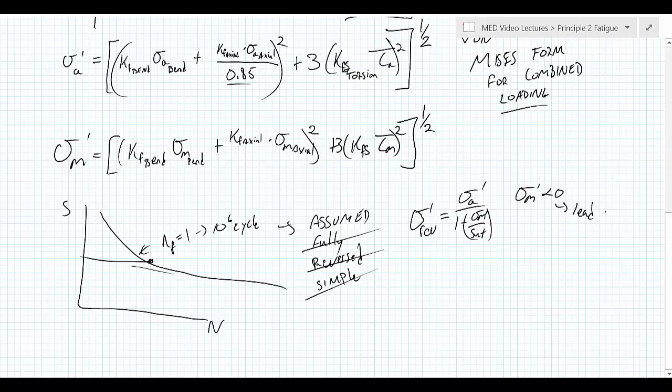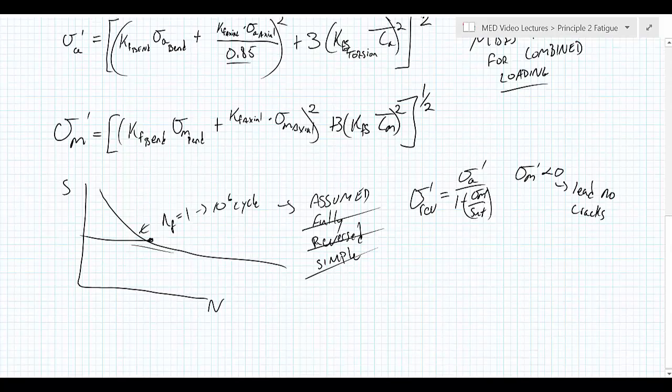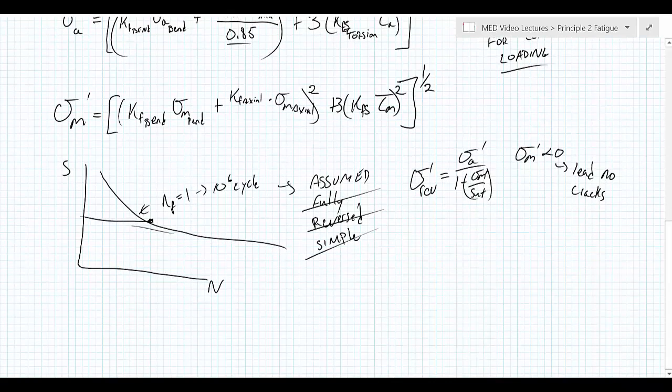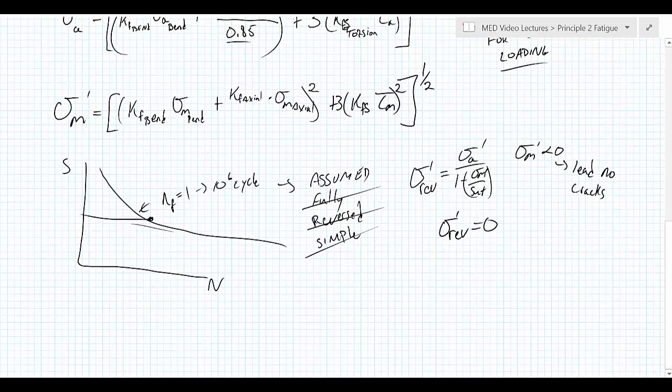It's compression, so no cracks. So if that's the case, then you can consider the mean 0 and the effective reverse stress is the same thing as the amplitude, or this von Mises form of the combined loading amplitude.